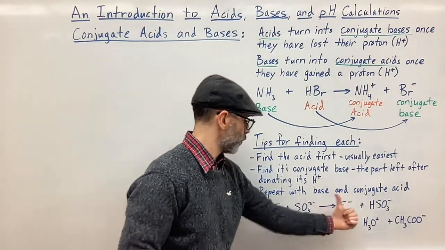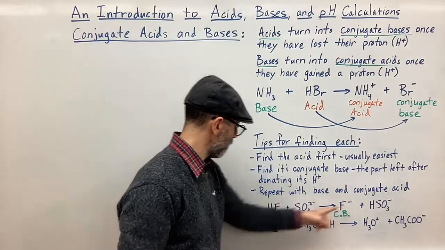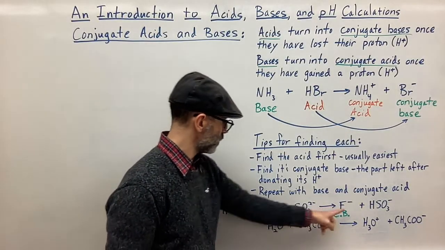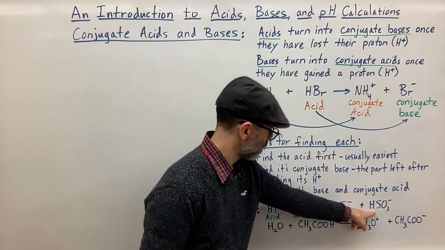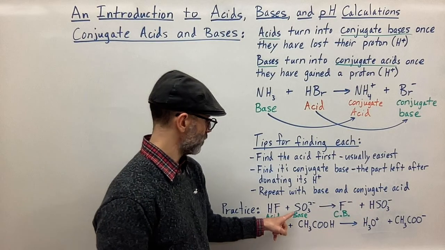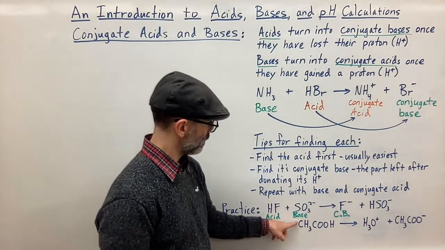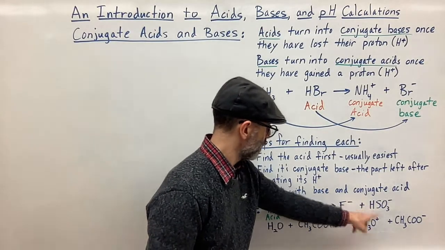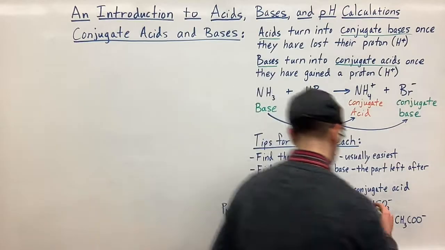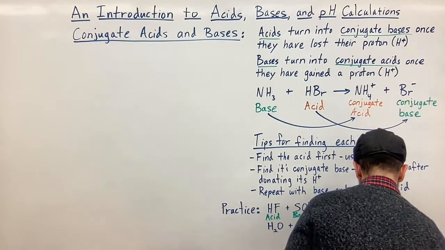Why? Because if we go backwards, we go from F minus to HF, so this must have picked up a hydrogen, making it a base. The SO3 2 minus picked up the hydrogen from here to produce HSO3 minus, which means that this base has to be connected with this conjugate acid. So this is the conjugate acid here.